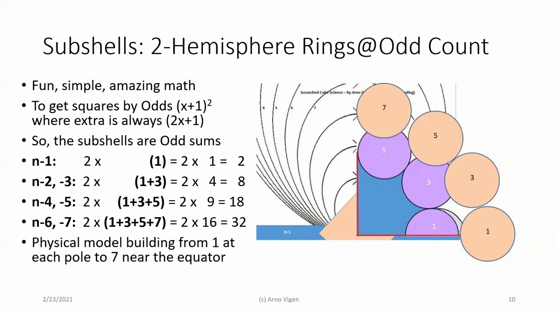Now, as you have smaller shells, you only have a 1 in subshell 1, but then you have a 1 and a 3, and an interlaced 1 and a 3, and then a 1, 3, and a 5. So these build layer on layer, but always by a hemispherical coordinate system.